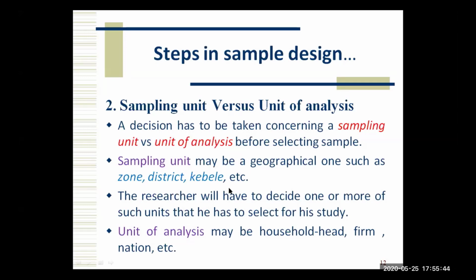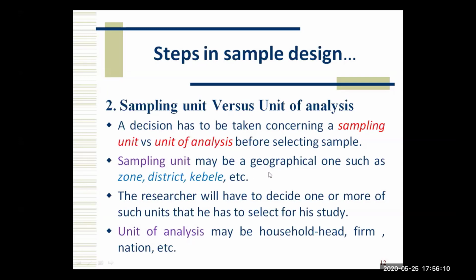In order to select households, you might need to stratify or categorize based on certain geographical zones: zone by zone, district, and Kebele. And this number of zones, districts, and Kebeles might be considered as sampling units, but the unit of analysis in this case is household.